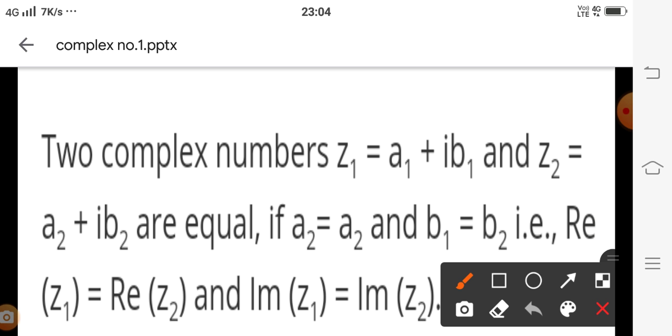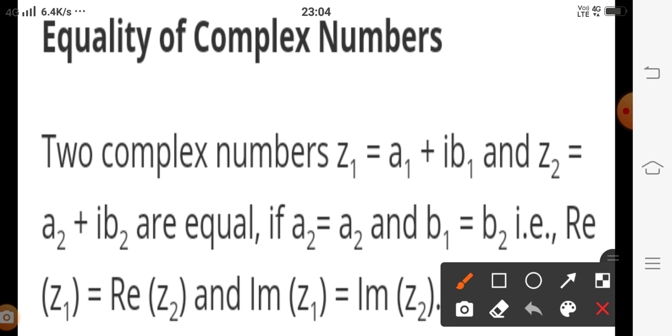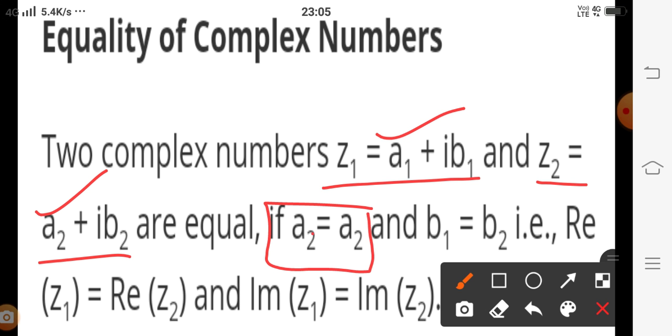Then equality of complex numbers. If two complex numbers are equal, then the real part is equal to the real part and the imaginary part is equal to the imaginary part. If you take two complex numbers, z1 is equal to a1 plus i b1 and z2 is equal to a2 plus i b2, and these two are equal, then observing the real parts, we get a1 equal to a2.